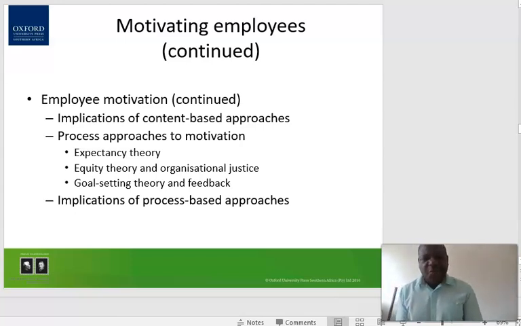Then there are also what are known as process theories of motivation. And one of the process theories of motivation is the expectancy theory by Victor Vroom. This one you ought to read. It's very, very interesting.